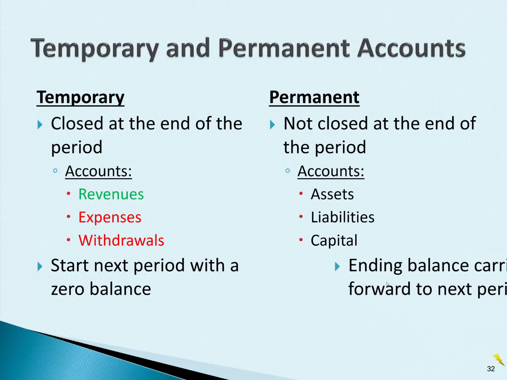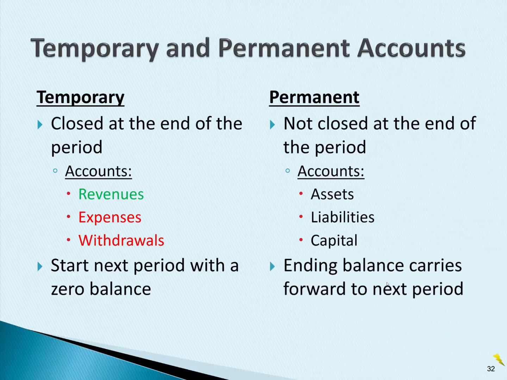And the permanent accounts, their ending balance carries forward to the next period. Let's talk about the cash account, for example. The cash account on December 31st, at the end of business, has a balance. Let's say it's $1,000. That means that $1,000 balance would be the beginning balance for the next year on January 1st.